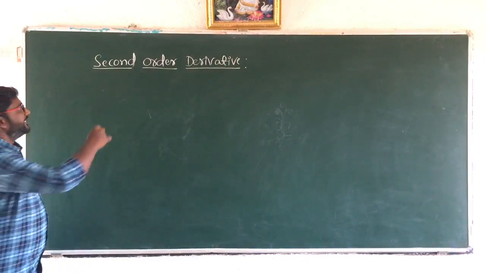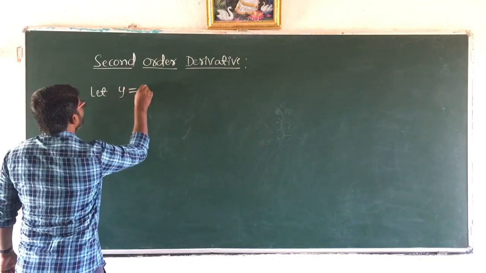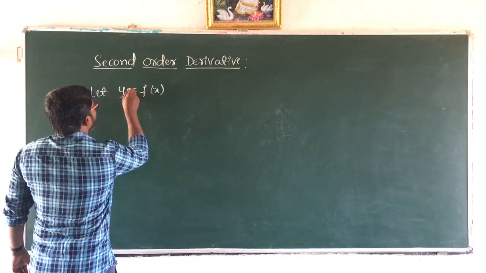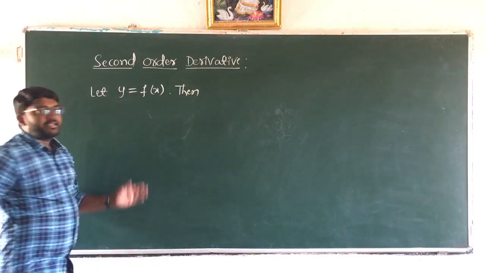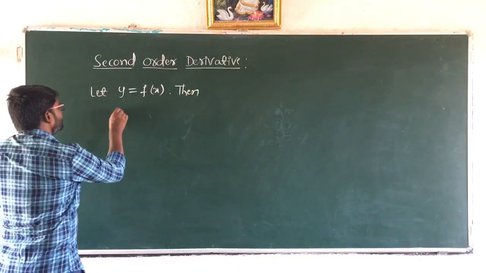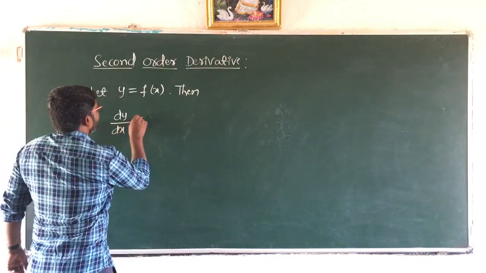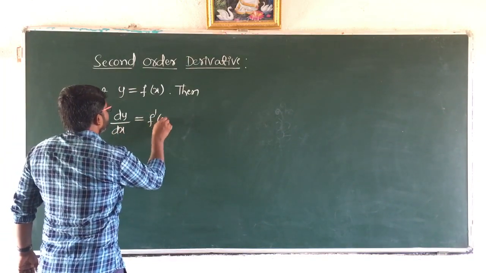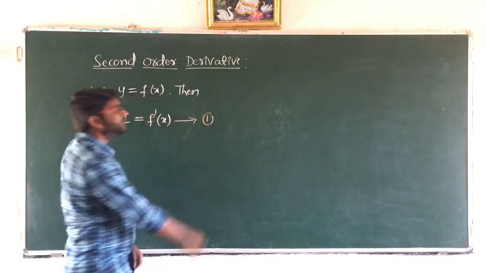So see here, let y equal f of x, then dy by dx equals f dash of x. I call this equation number 1.